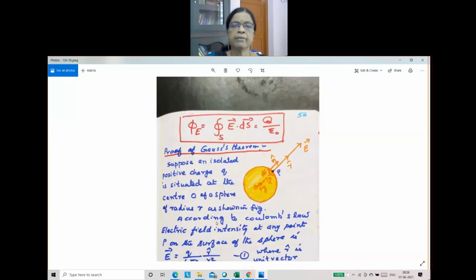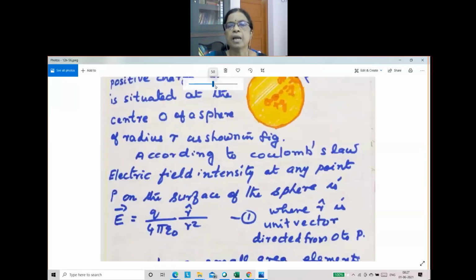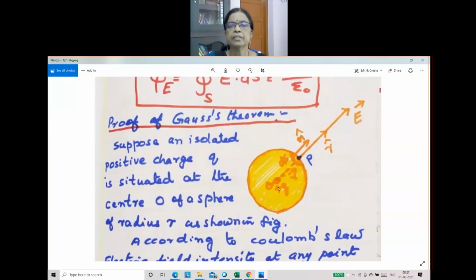Okay. The proof also we have seen in that video, but again as it is written in the notes, I will explain it, because when proof is asked, you have to write it in this manner. First you have to draw a charge plus q and draw a Gaussian surface surrounding the charge. Suppose small r is the radius of the Gaussian surface, and you consider a smaller area ds here.